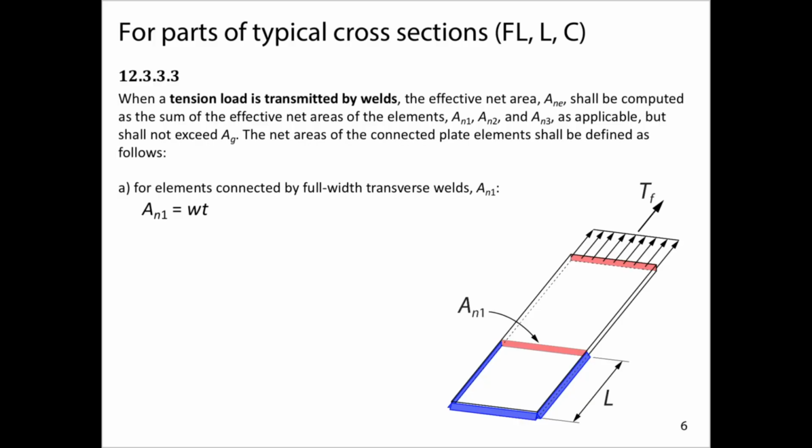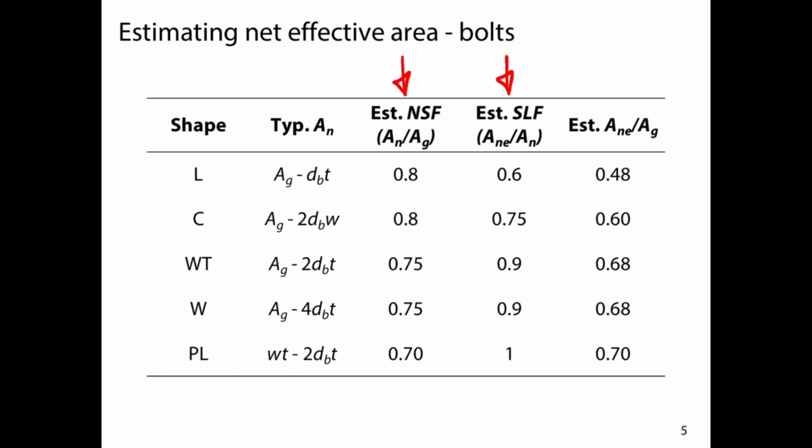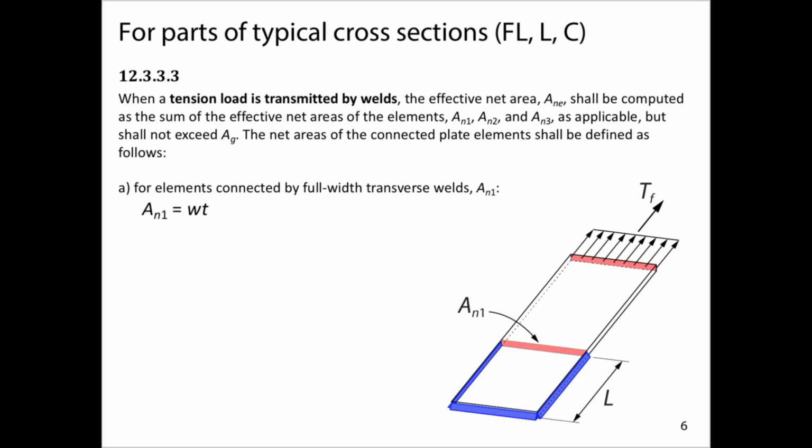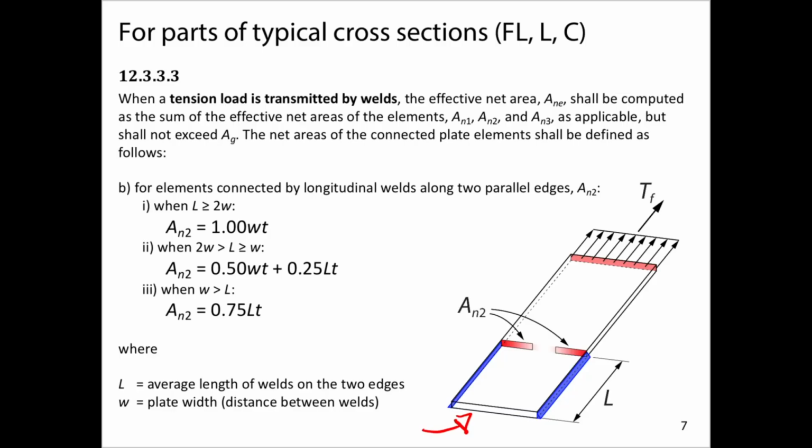So this is quite different from bolts. For bolts, we said there's no shear lag, but we're removing maybe 30% of the area. If we have a flat bar and we weld it all the way across, we can get the full net section as effective. So if you size it for even gross section yielding, you should be able to satisfy the net section fracture limit states just by providing a transverse weld here.